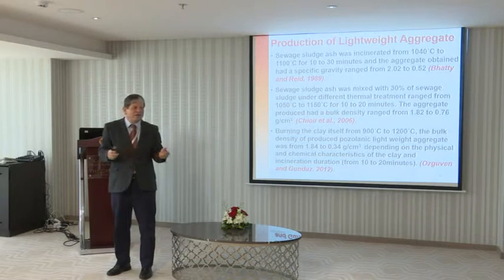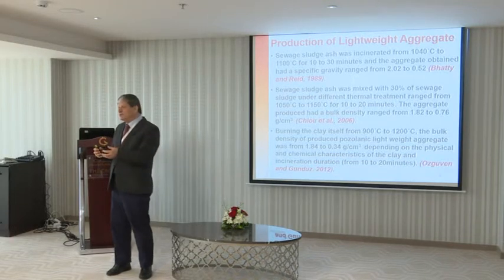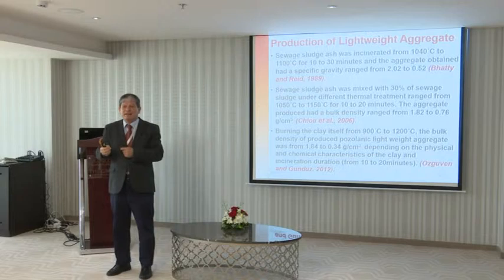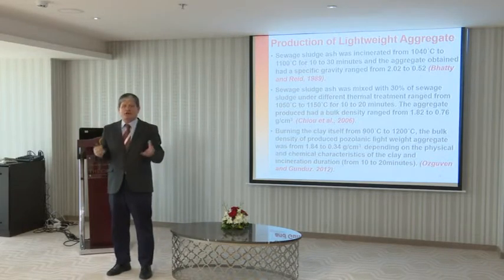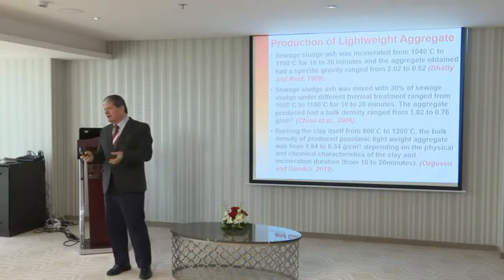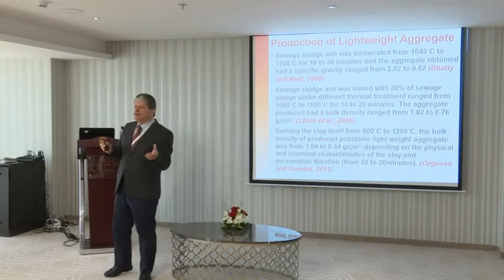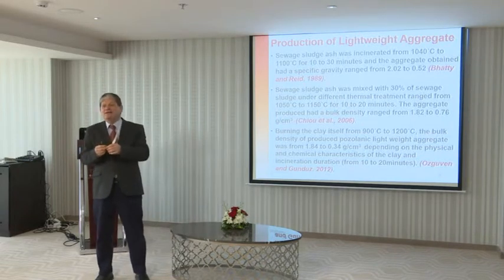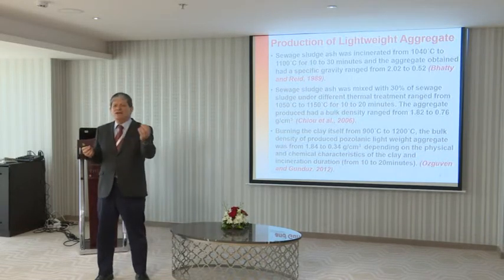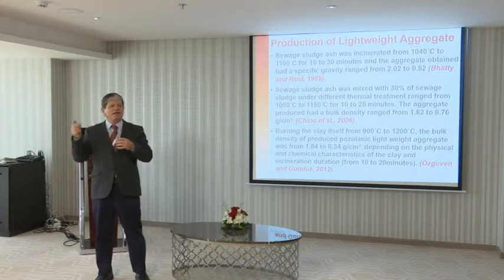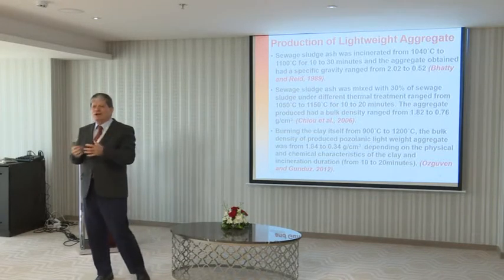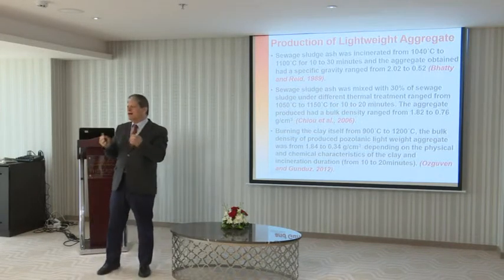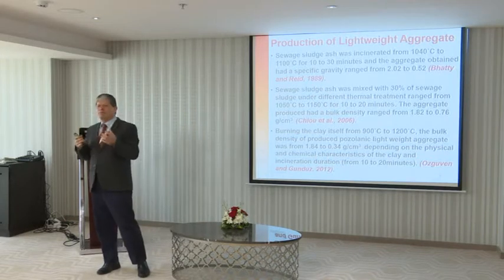What is a pozzolanic material? You can use it as a replacement for cement as well, because once cement reacts with water, some calcium hydroxide comes out as a byproduct. This calcium hydroxide is an unwanted material in cement production, because it can react with any external sulfate or carbonate or other materials, and it can create some cracks and some problems in the concrete.